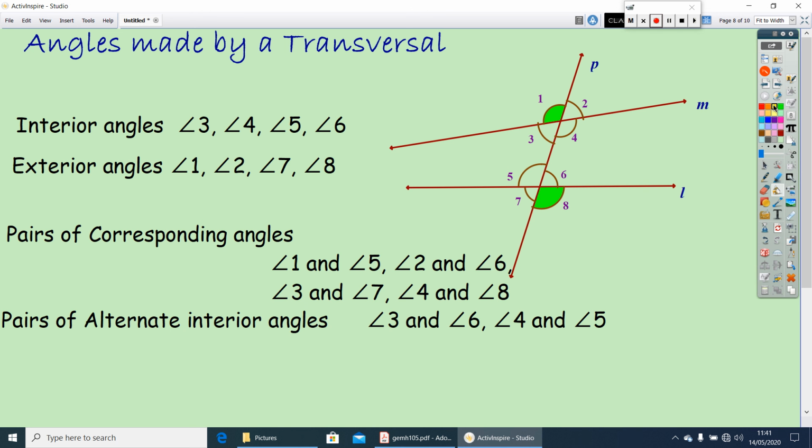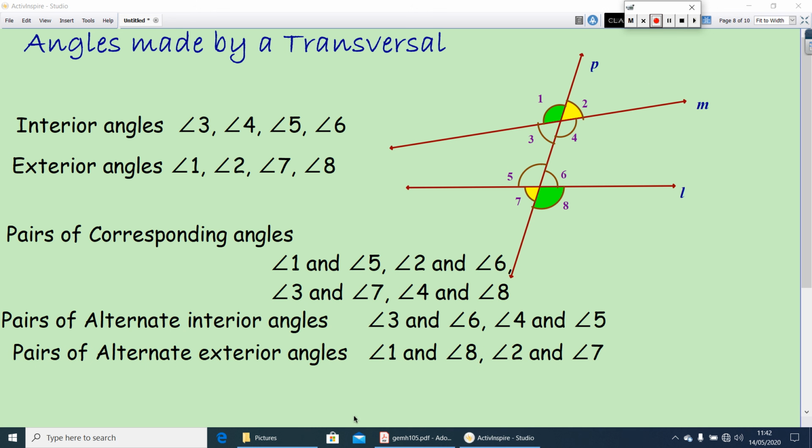Then what will be the other pair of alternate exterior angles? Yes, it will be angle 2 and angle 7. Pairs of alternate exterior angles: angle 1 and angle 8, and angle 2 and angle 7.